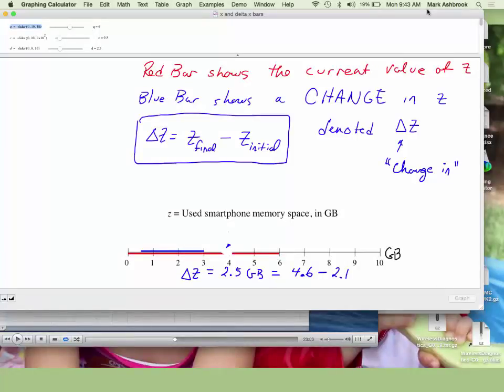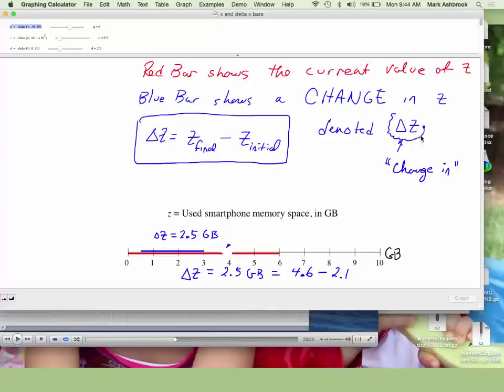So, what is the same about those? The amount of change is still 2.5. But it is a different change, right? It's a different change because it's the change now from 0.5 to 3. So this is another way to define a variable.